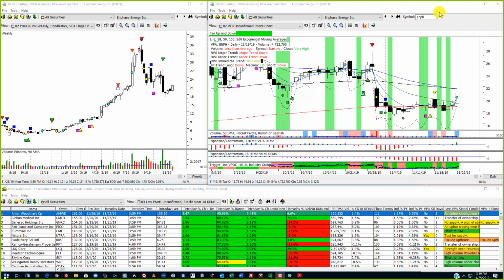Anyway, I believe I was saying that this is a pretty handy way to evaluate any chart by using the VFB Unconfirmed Pivots chart. Because you can look back in time and see where these pivots occurred and if they were purchased or valid.